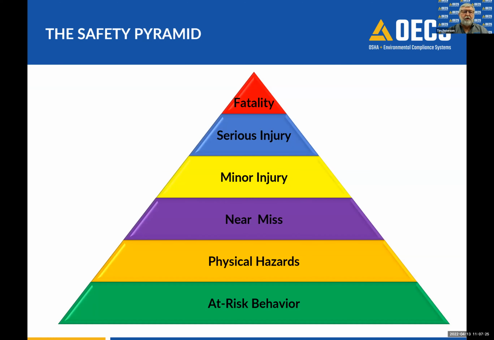One of the things that we've changed in this pyramid, and I'm sure everybody in the safety world has seen this many times, is that the second from the bottom is physical hazards. We want you to think about this audit process as a way not only to identify at-risk behavior, but to look at your physical hazards: machine guarding, exits, housekeeping, all these different factors that come into play.